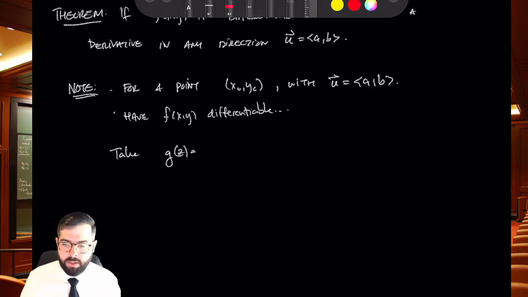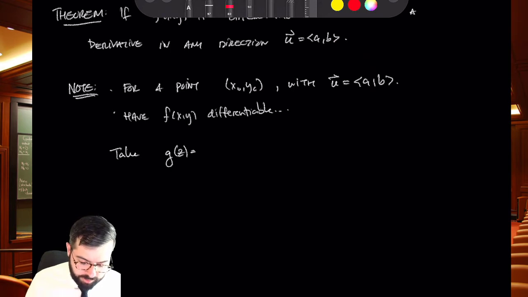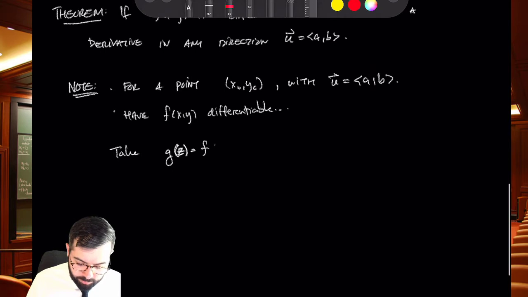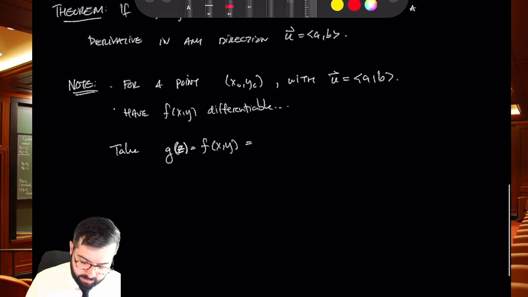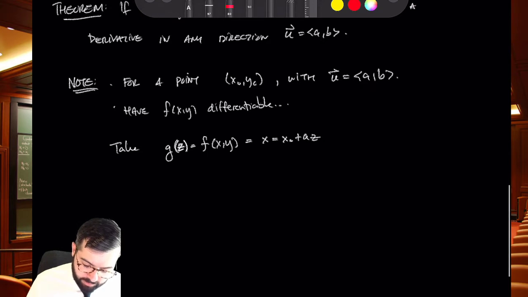All right. So if I take some g of z, and I say I'm going to let u be equal to my function, so that x is equal to x naught plus az, and y is equal to y naught plus bz.